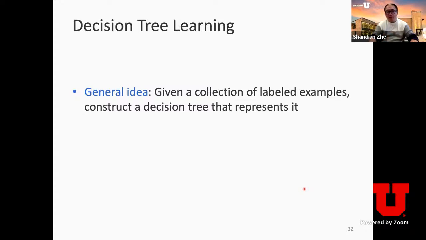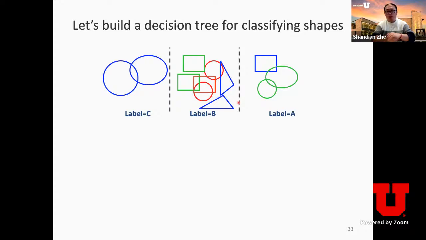The general idea of decision tree learning is to construct a decision tree that represents our collection of training examples. So let us use 2 minutes to build a decision tree from this simple set of training examples.